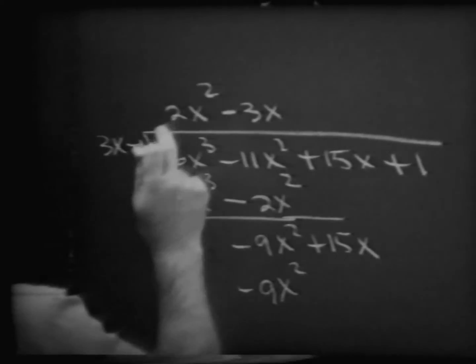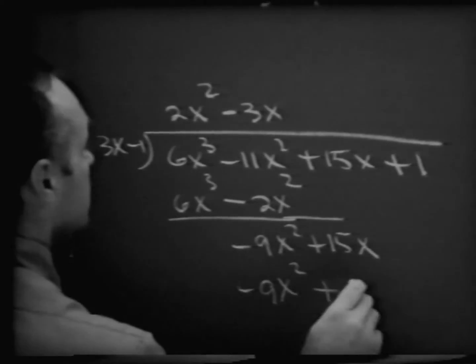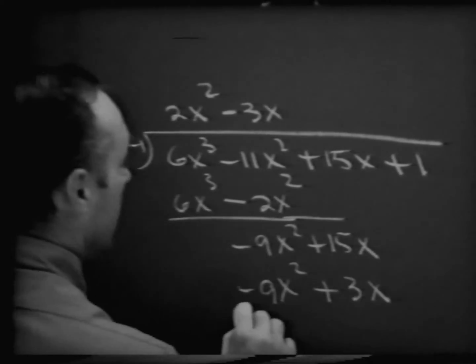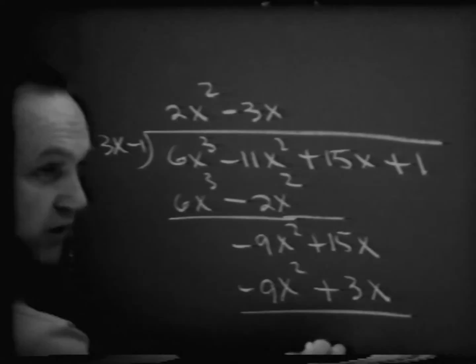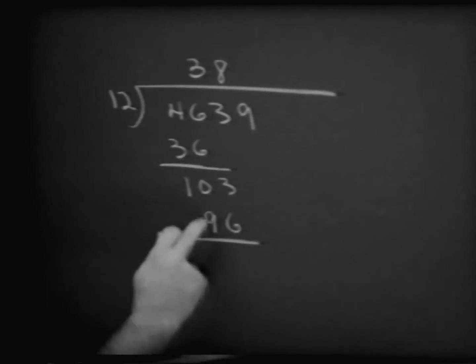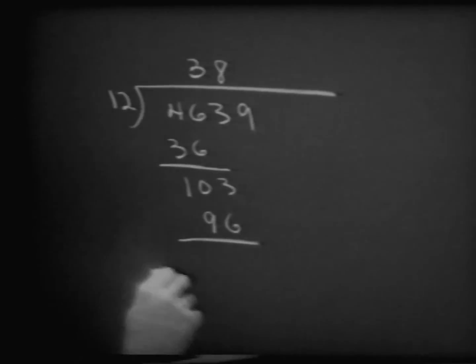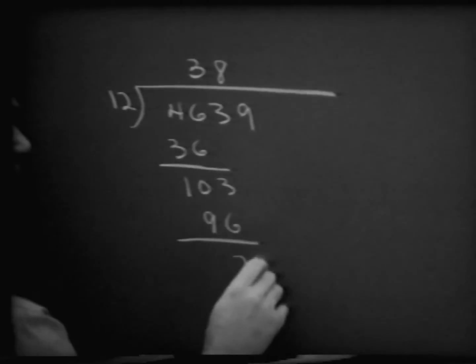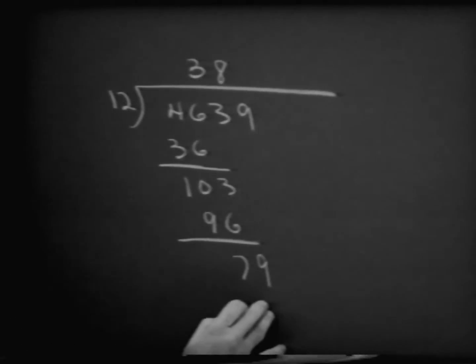A negative 3x times a negative 1 is plus 3x. Again, what we'd like to do is subtract. Let's come back here to our arithmetic case. 96 from 103 is 7, and then we'll bring down our next term of 79.